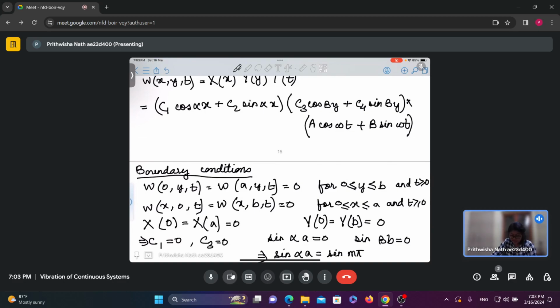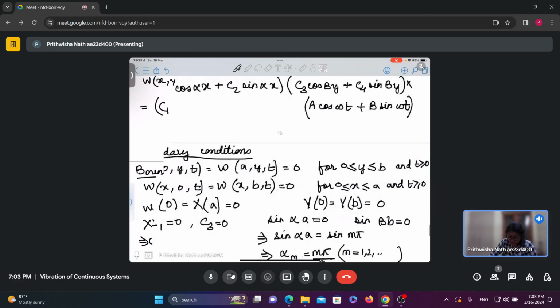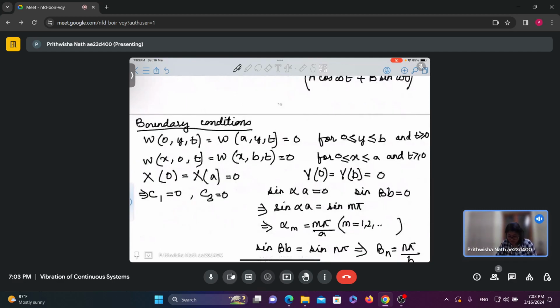So I can say that C3 is 0, and similarly sine alpha A is also 0 and sine beta B is also 0.